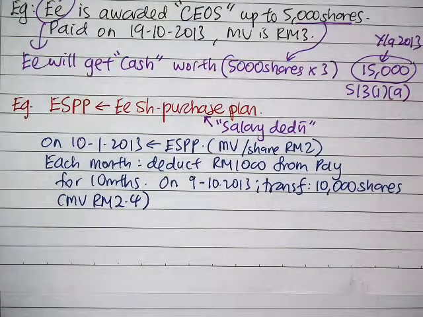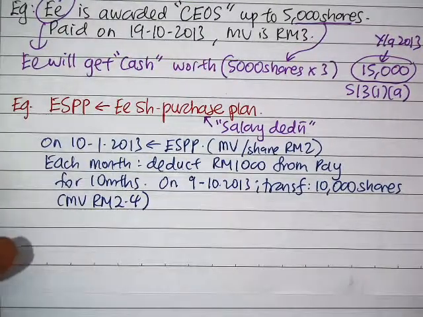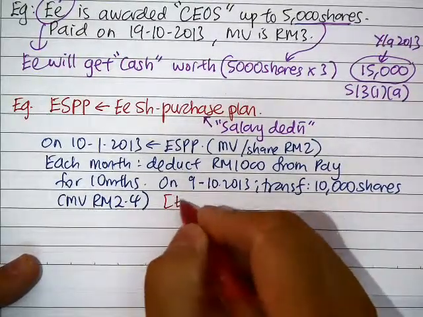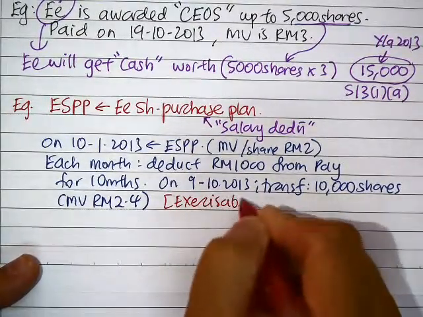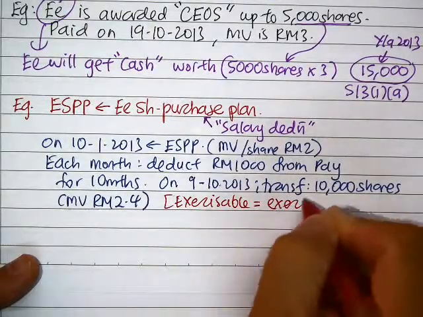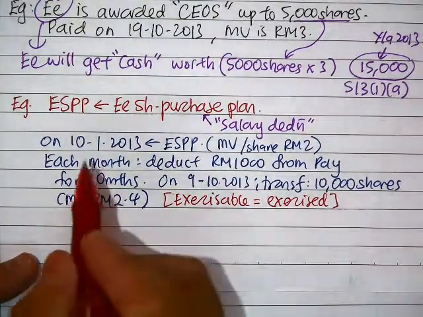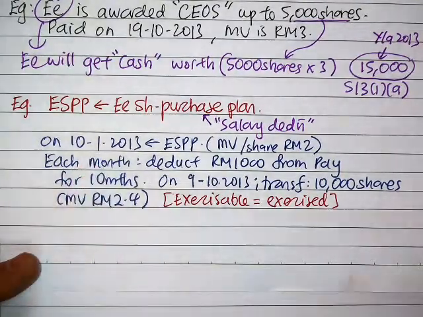So there's no difference between exercisable and exercise, because you will only get it after you complete the whole installment scheme. So that's why to them, exercisable is exercise. So in this case, just take note, exercisable equals exercise. So when they grant this to you in January, the market value is not relevant, because this is only the date granted.